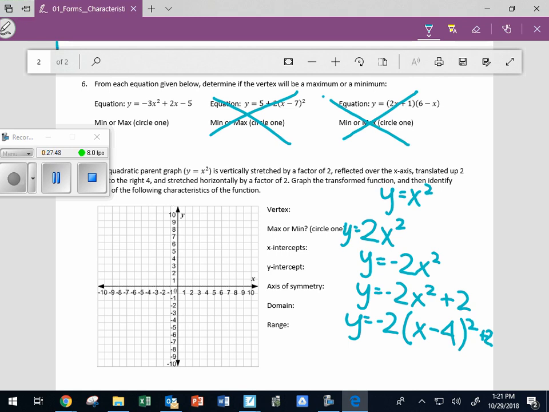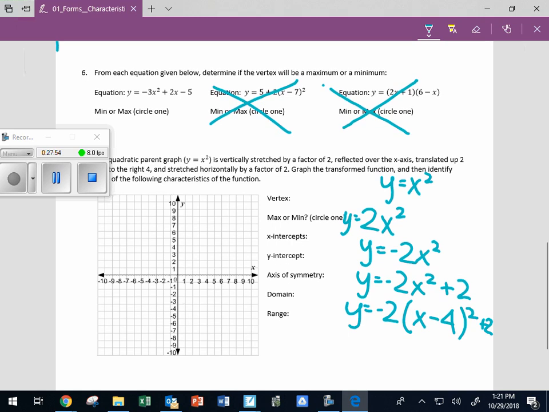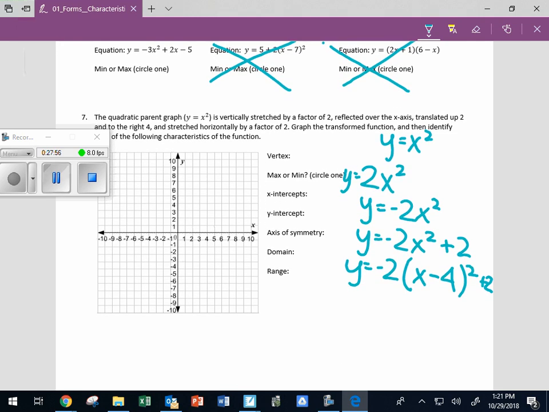All right, and then last step is we have to stretch it horizontally by a factor of 2. If we are stretching it horizontally by a factor of 2, is that a 2 or is that a 1/2? It's a 1/2? All right, and then where does that 1/2 go? Does anybody remember?